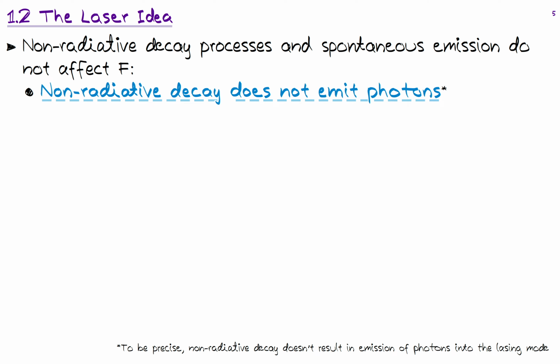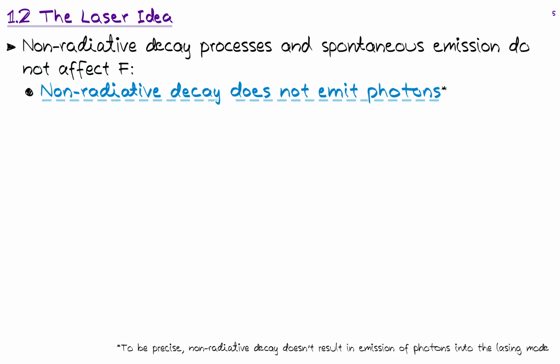Ultimately, we usually do also have photons emitted by non-radiative decay mechanisms, but those photons are either directed into a different direction from where the lasing beam is formed, or the wavelength is different so that they don't really participate in the oscillation, so in the lasing action. That's what is meant here.